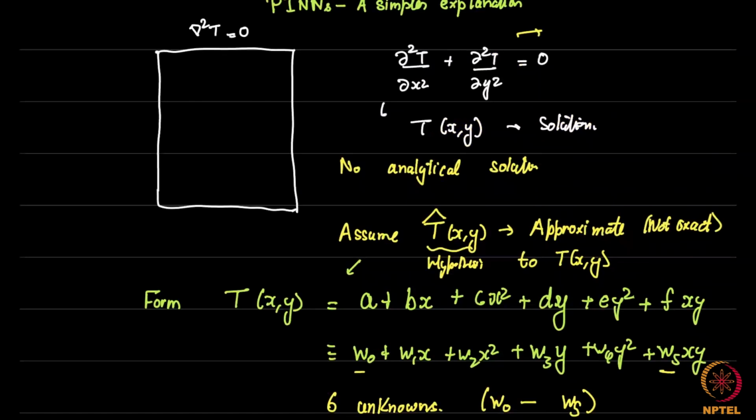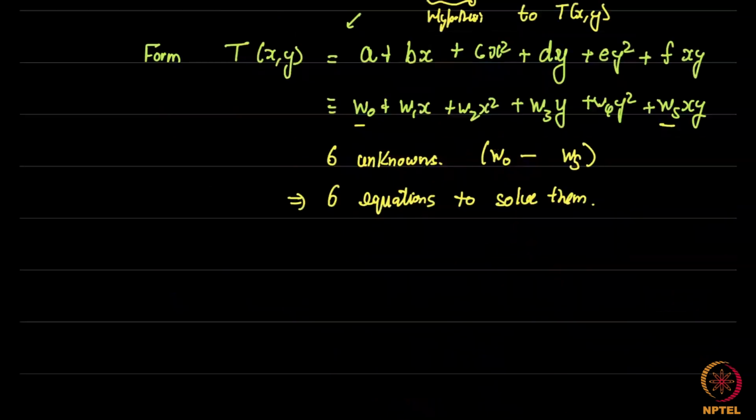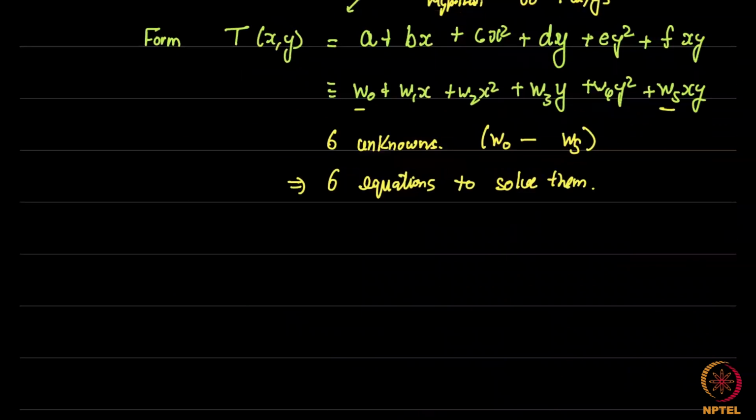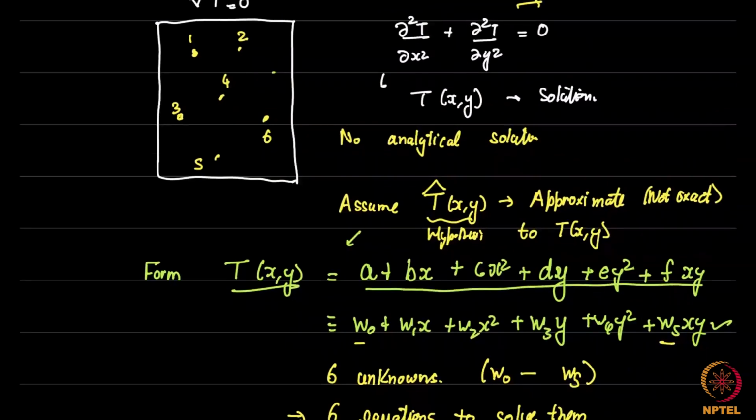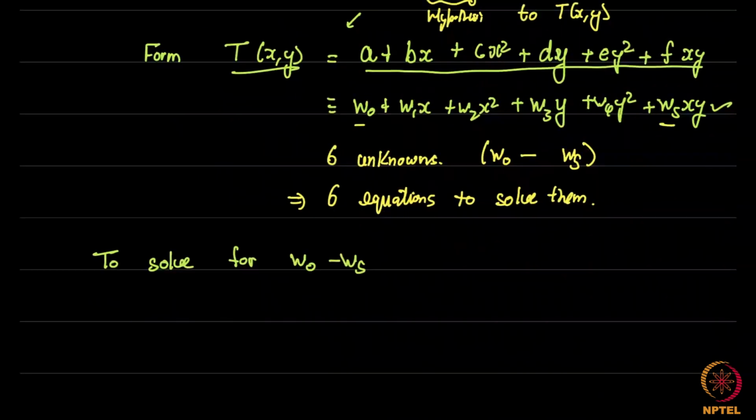One method could be that you actually have an experiment and you make, let's say, 6 measurements. So let's call these points 1, 2, 3, 4, 5, 6, to solve for w0 through w5. Remember, the moment you solve for w0 through w5, you know the temperature at every point here because I have written temperature as an expression.